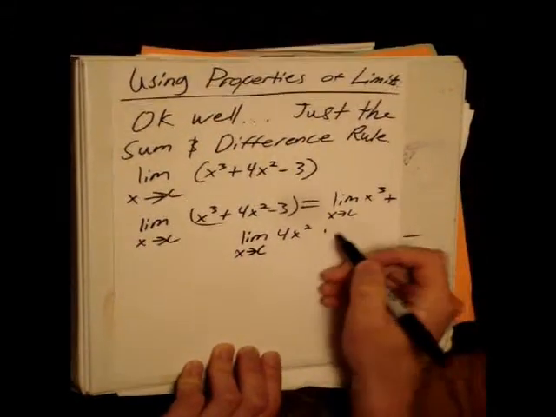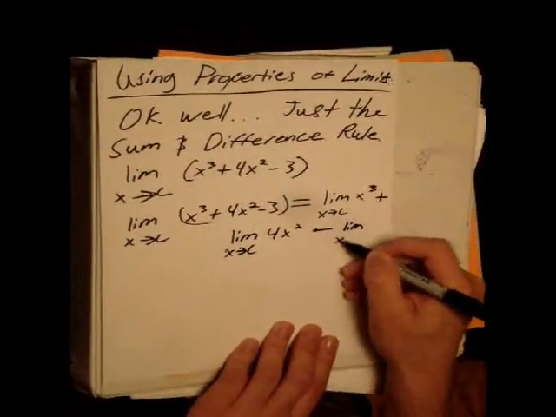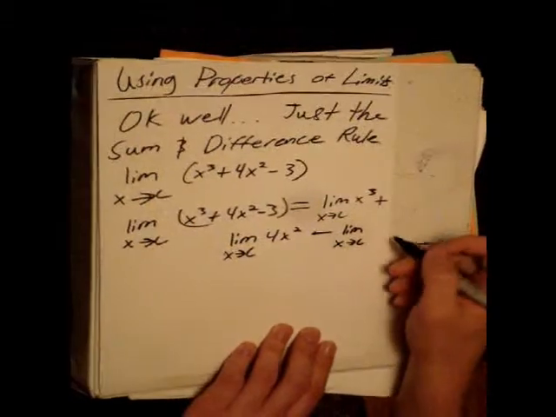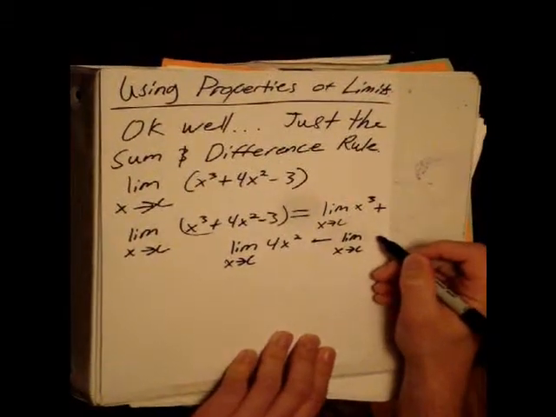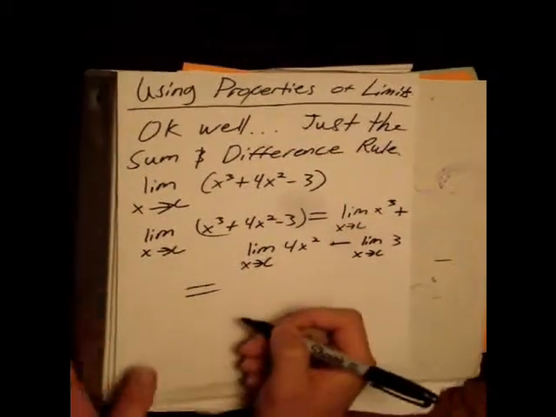Basically, what the sum and difference rule is letting us do here is space out. Instead of having the limit of one big equation, we are taking the limits of the different sections of the equation, making it a lot simpler.